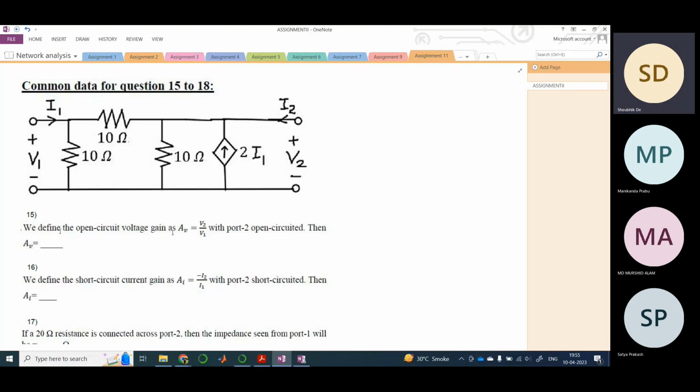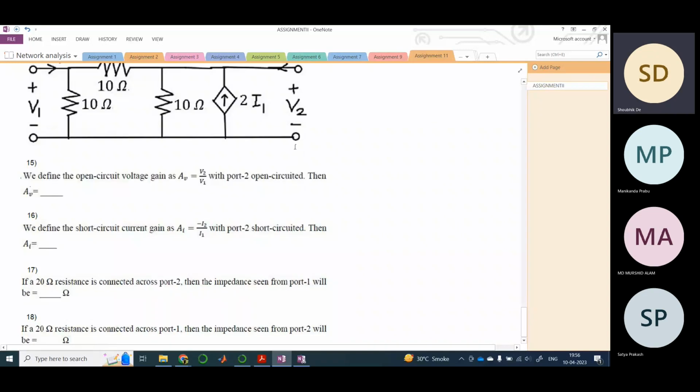So here we have to find out the voltage gain. Voltage gain or any gain, remember, is the output divided by the input. It can be voltage gain or current gain. So voltage gain would be output voltage by input voltage. That is why V2 by V1 with port 2 open circuit. Port 2 open circuit means I2 would become 0 and this would remain open.